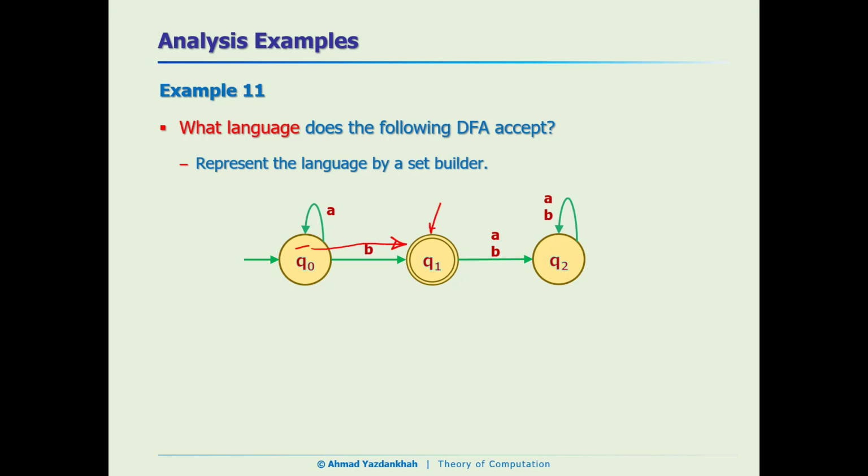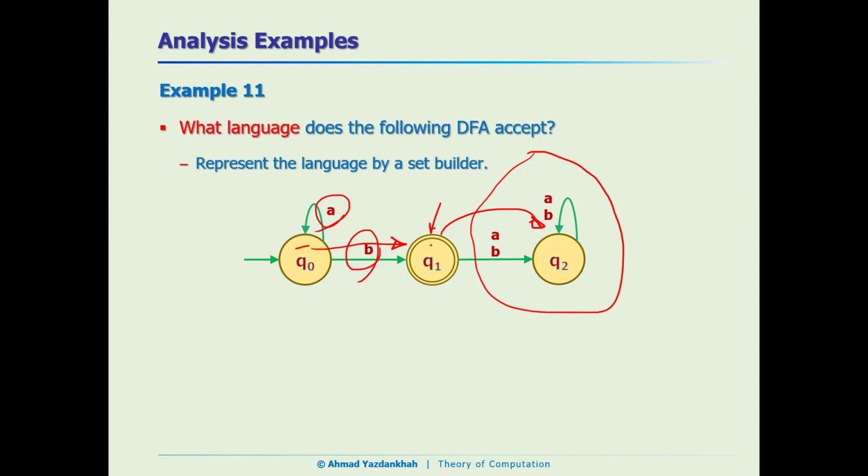And goes here. So any number of A's followed by a B goes here. And after that, if the string has more things, it goes here and will be stuck here. So this guy, in fact, is our trap.